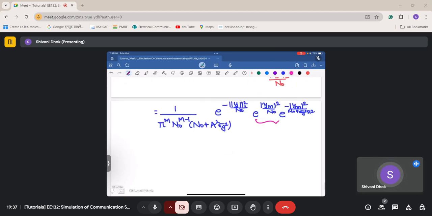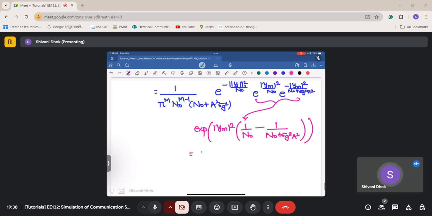And this factor here I can further simplify as e power magnitude of ym square, inside the bracket 1 over N naught minus 1 over N naught plus sigma g square A square. This becomes e power magnitude of ym square into simply sigma g square A square over N naught plus sigma g square A square.